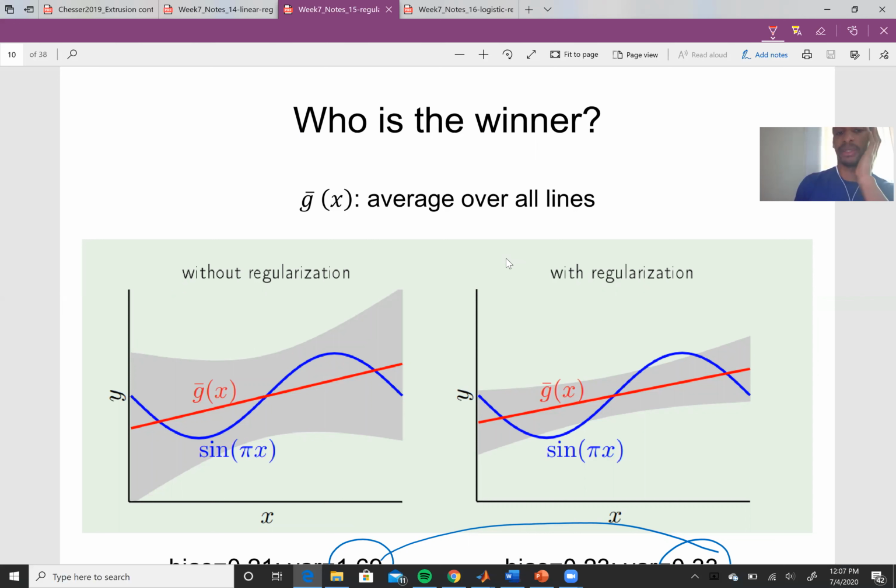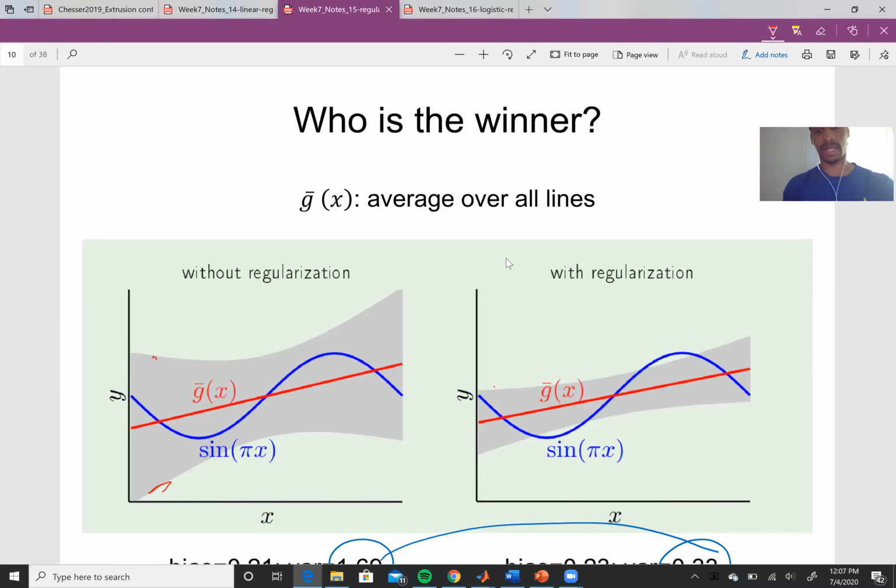If you think about the mean of this, taking the average over all the lines that you might fit on this curve, with linear regression you might have a line that looks like this, but the variance is in this gray area. Whereas if you do it with regularization, you'll have a variance that's much smaller with respect to the average line.